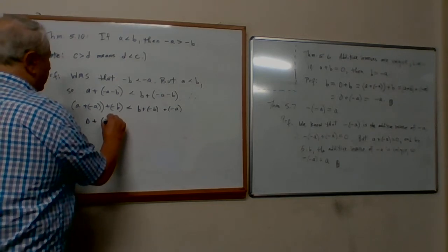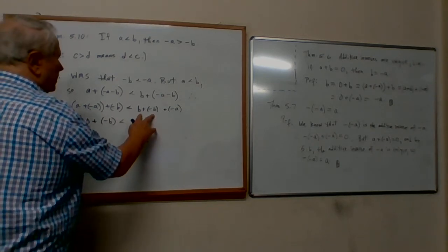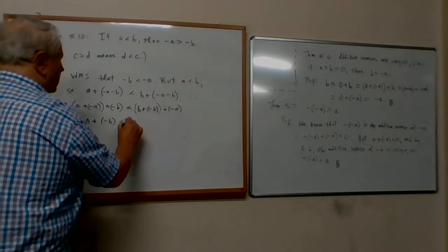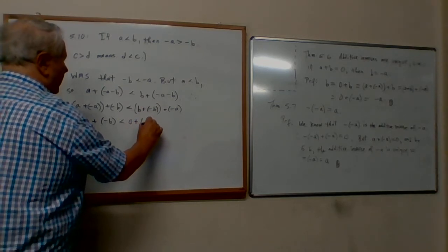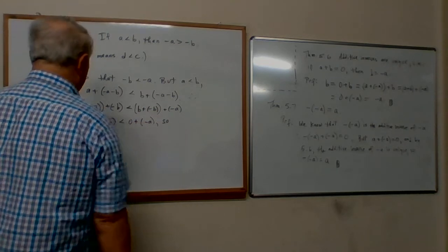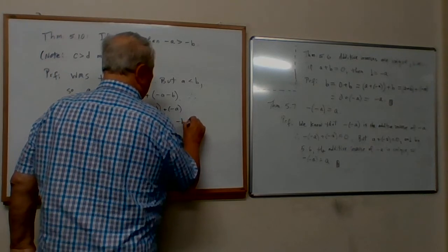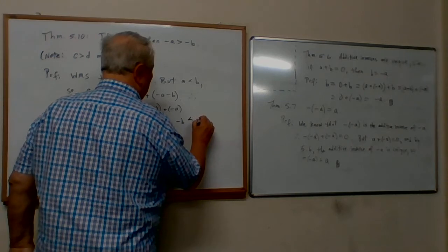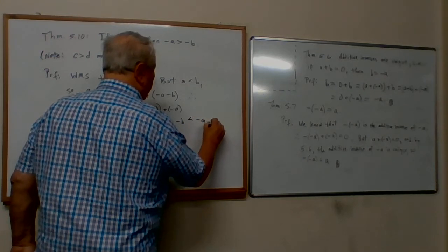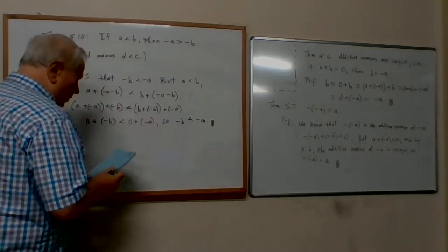So 0 plus negative B is less than 0 plus negative A. So negative B is less than negative A, as required. Okay, so that one was easy too.